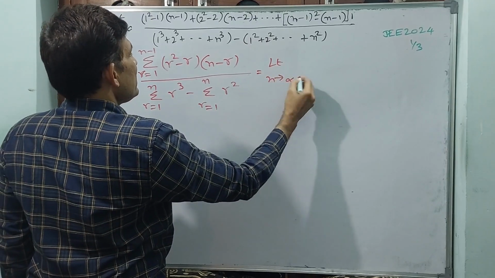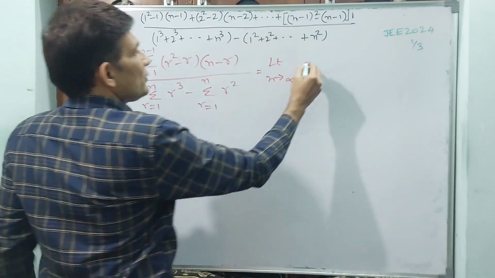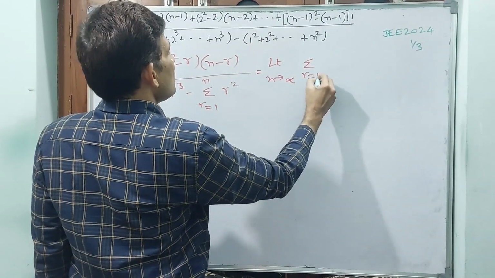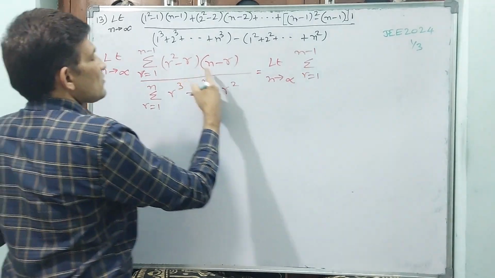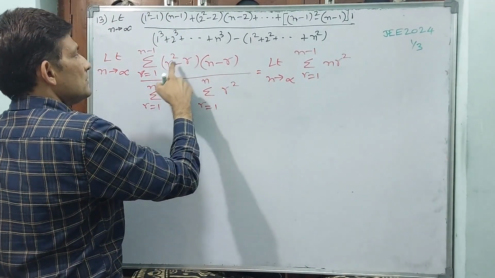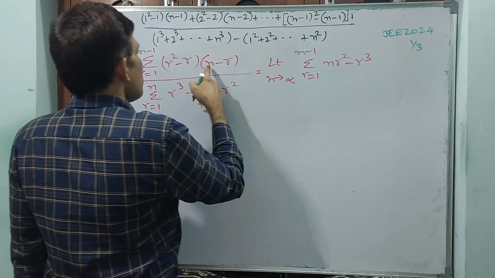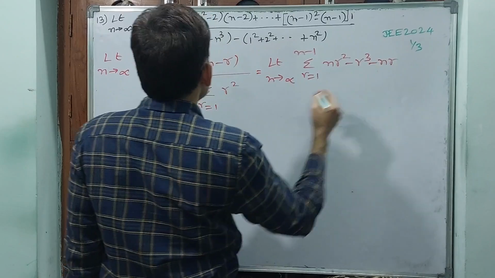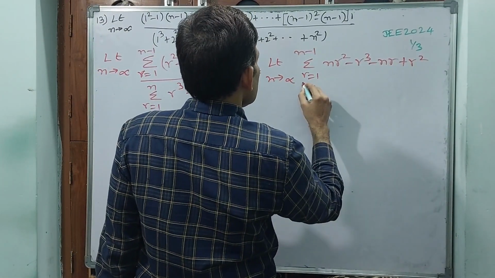Limit n tends to infinity, sigma r is equal to 1 to n minus 1, see, n r square minus r cube minus n r plus r square. Okay, that is the numerator.